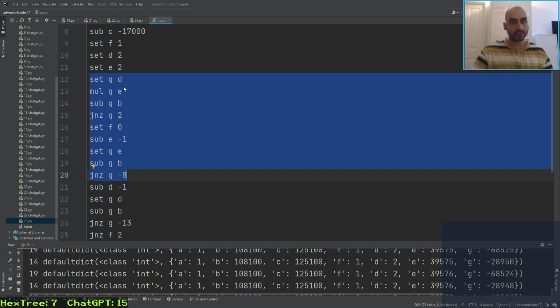So what this block is saying is d times e, take away b, if that's 0, then f is 0.